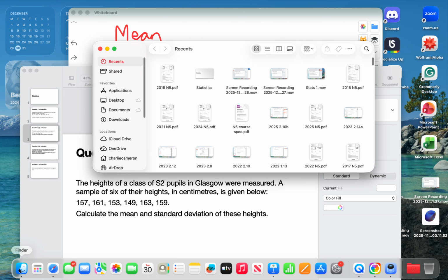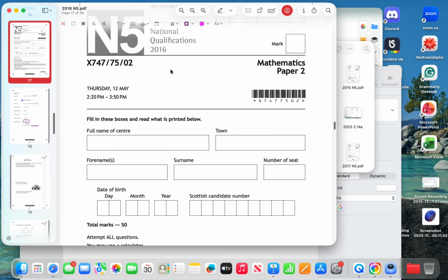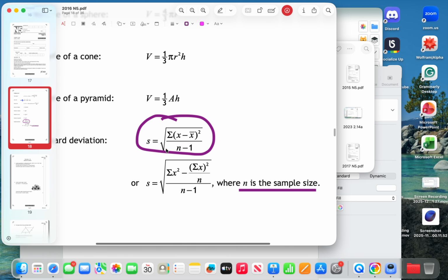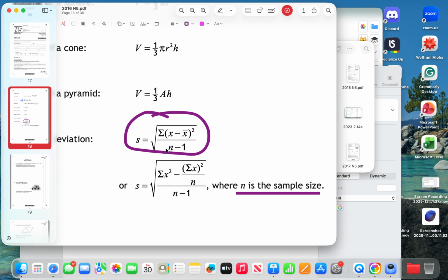If we look at the formula that you're given on the exam sheet for standard deviation, I recommend using the version circled. So we have to find x minus x bar squared. We have to find the sum of the x minus x bar squared.